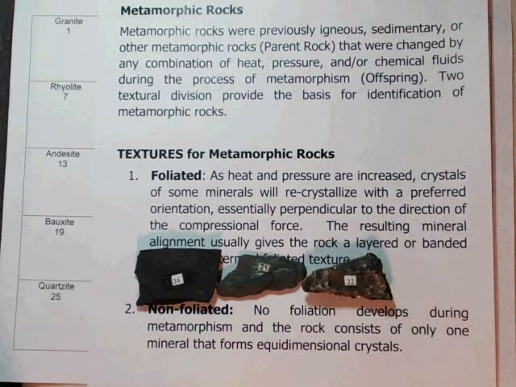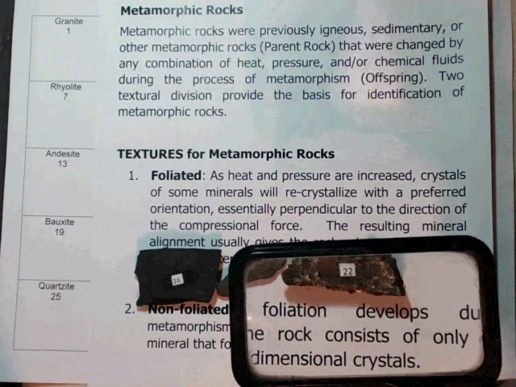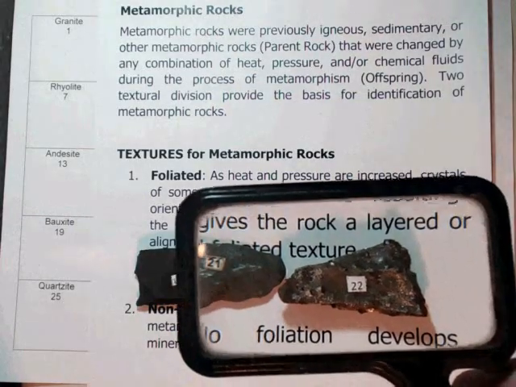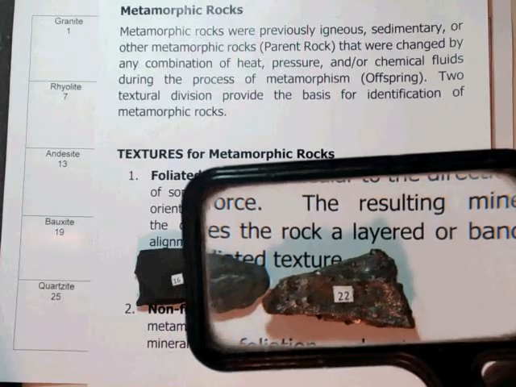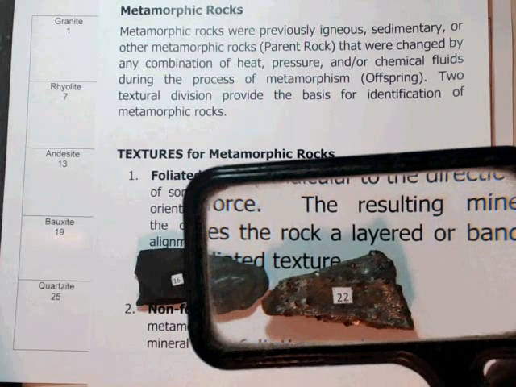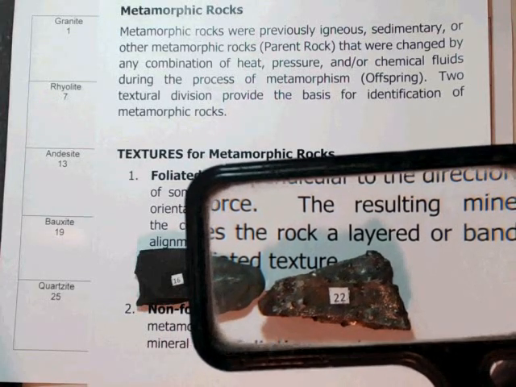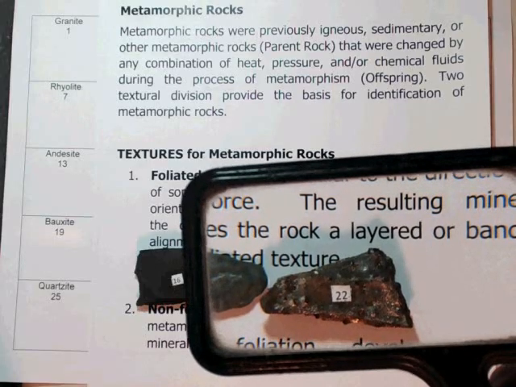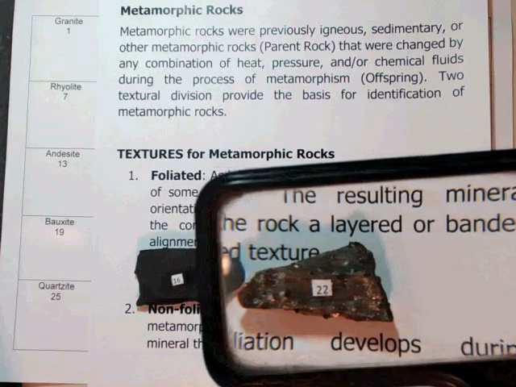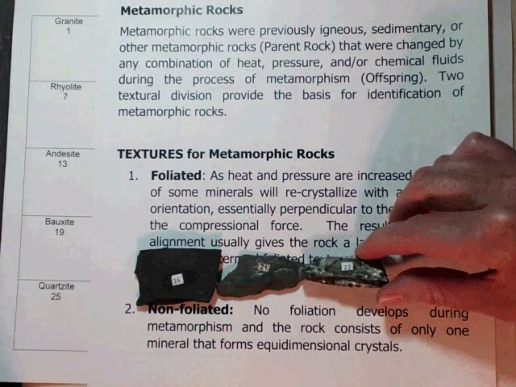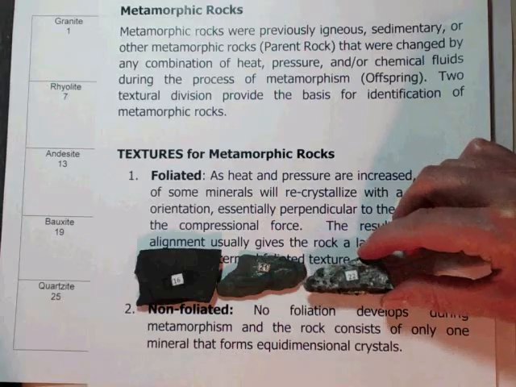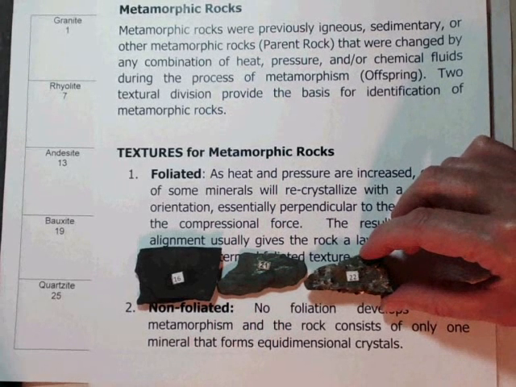I'm not sure if you can see it from there. Maybe this magnification might help a little bit. There are little pieces of the mineral garnet in there as well, and a little bit larger grains of the mica. But they're all aligning in sort of a layered kind of look. That would be with some moderate heat and pressure.